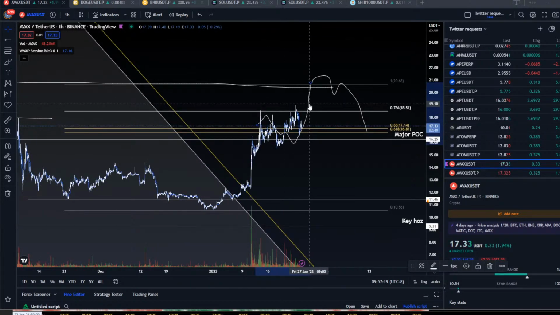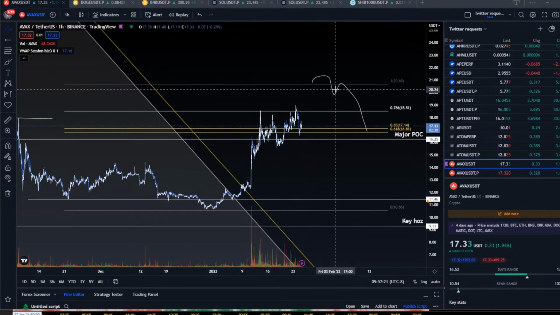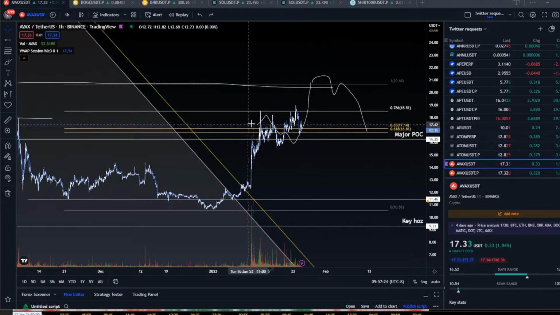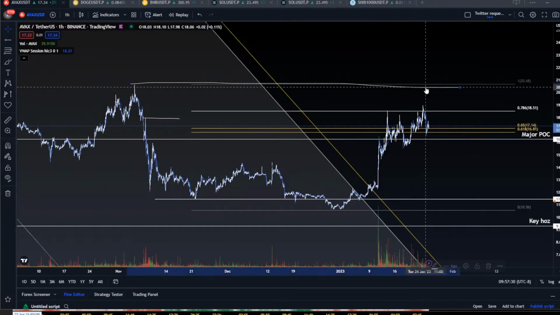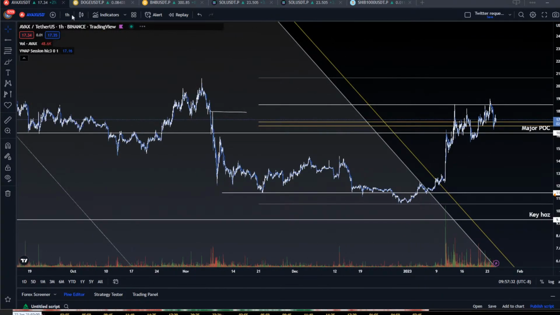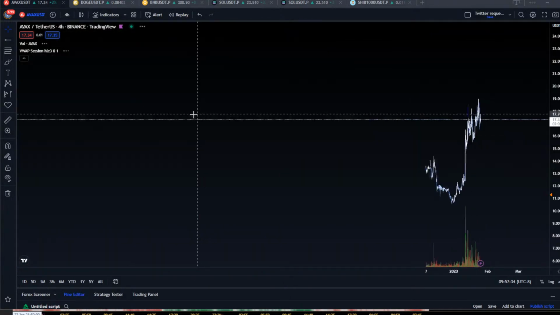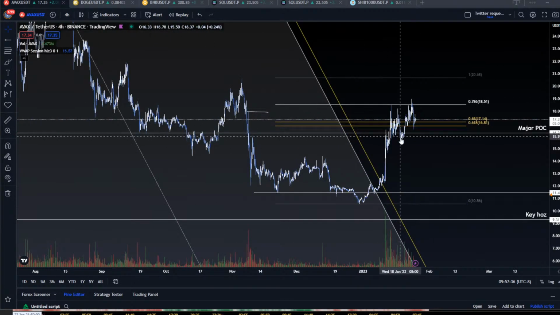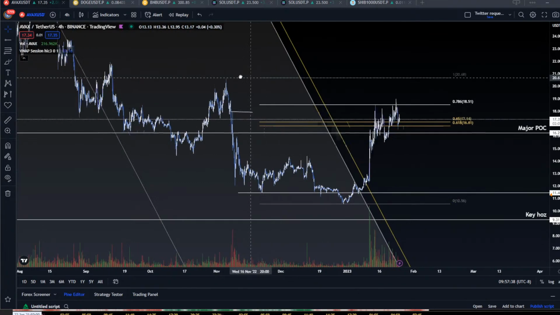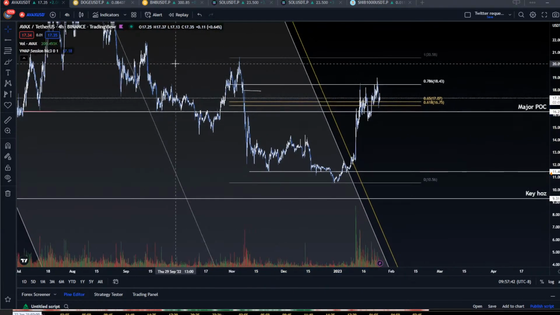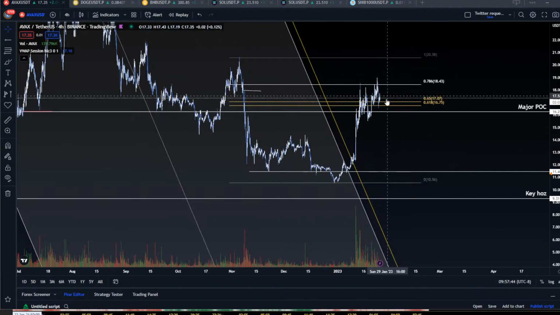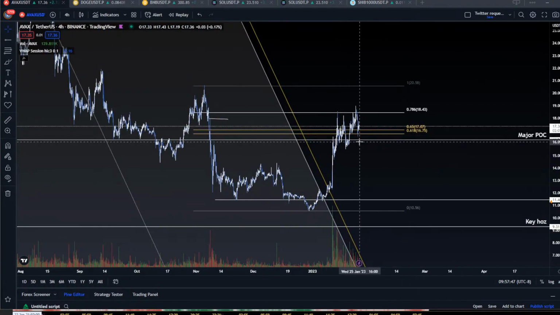A pretty clean interaction with this key fib. I think I'd gone over this in an old live stream, the idea of coming back and retesting this point of control. This is AVAX, by the way. Very nice interaction with the 786. But this certainly looks like there's likely to be some kind of continuation after a retracement.